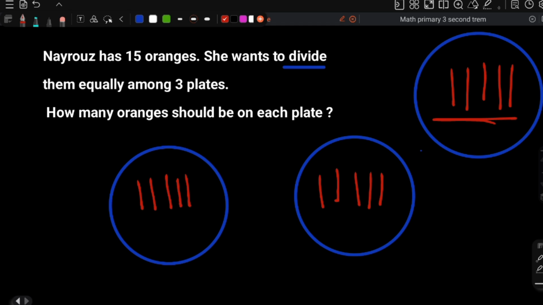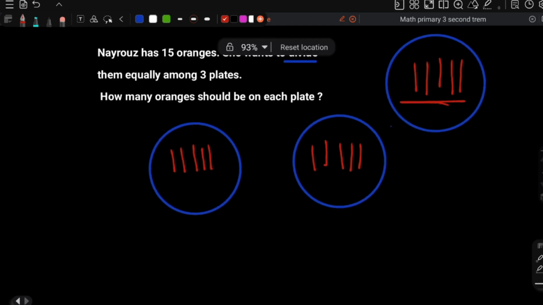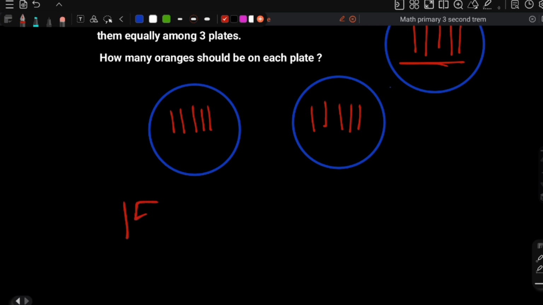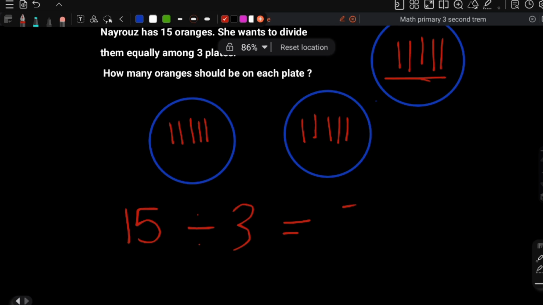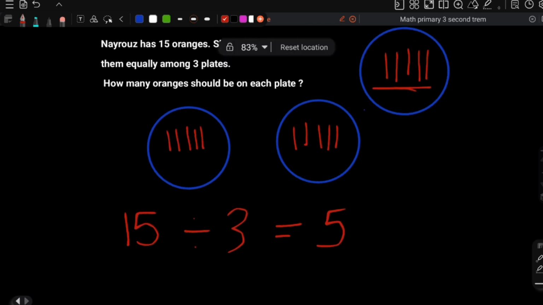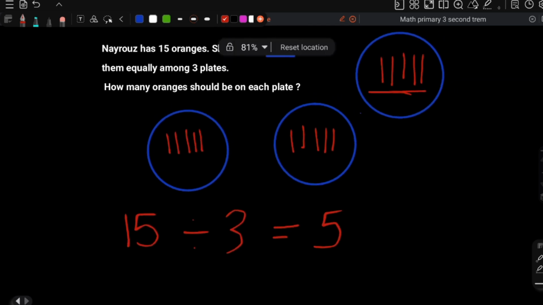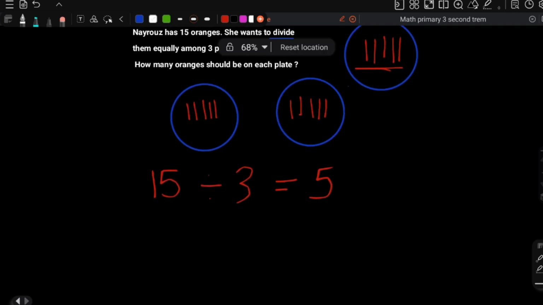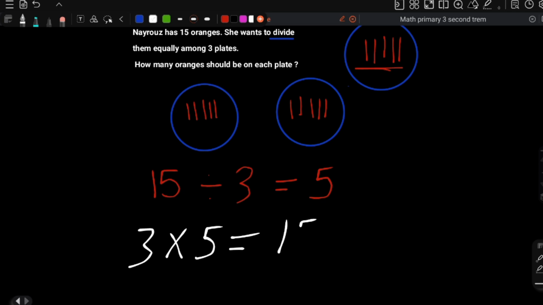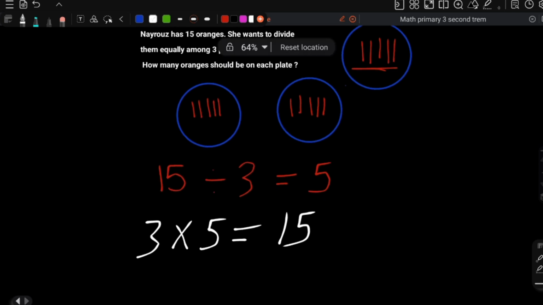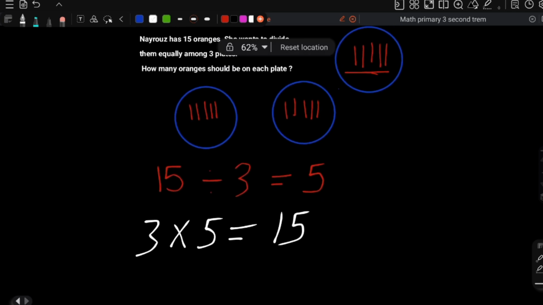Yes, exactly 5. Because we divided 15 by 3 plates, and each plate in this case will take how many? 5 oranges. Okay, and we said in the first term that 3 times 5 equals what? Yes, exactly 15. So we have a big relationship between multiplication and division.